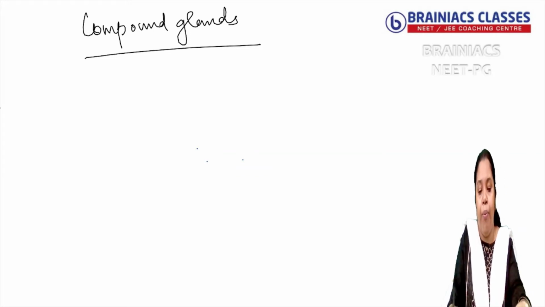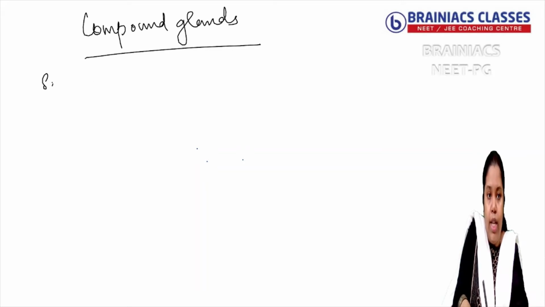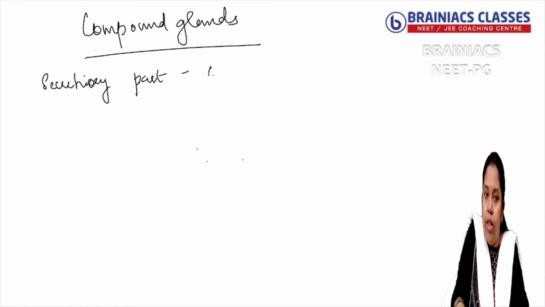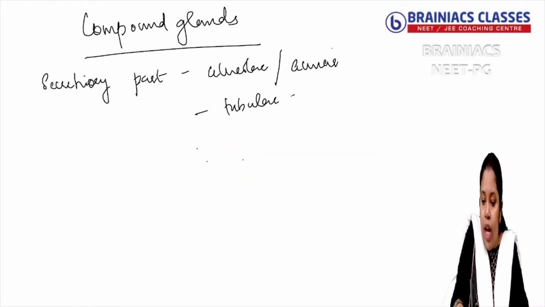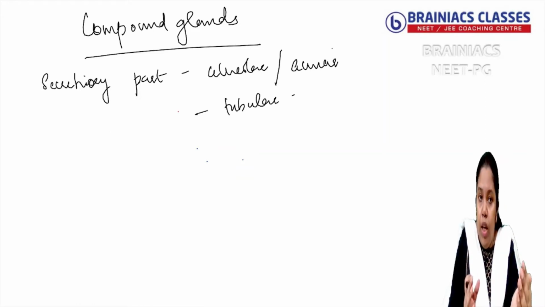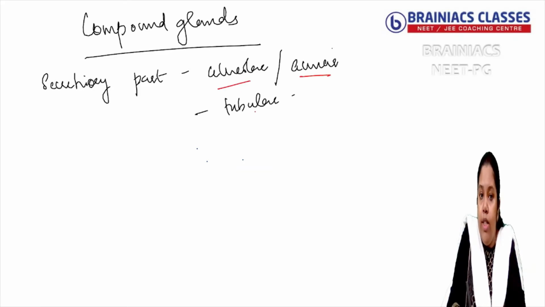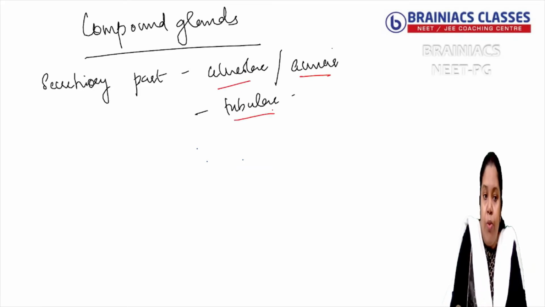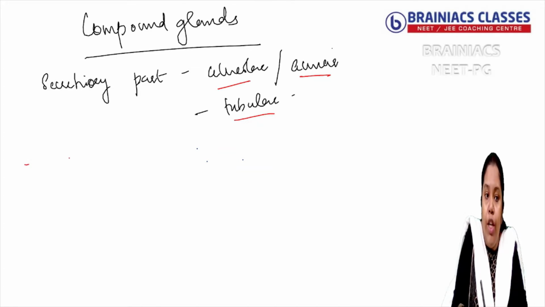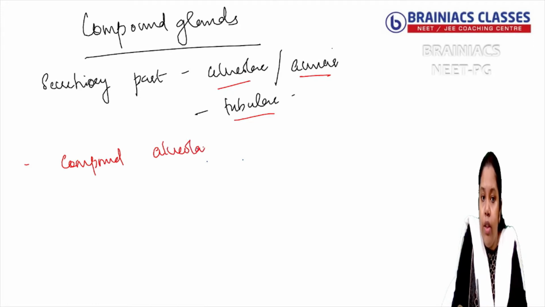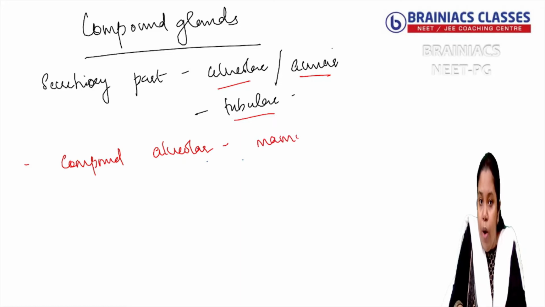If you take the secretory part, the secretory part can be alveolar or acinar, or it can be tubular. Based on that, the compound glands are divided into compound alveolar, which you can see in the mammary glands. The mammary glands are compound alveolar glands.